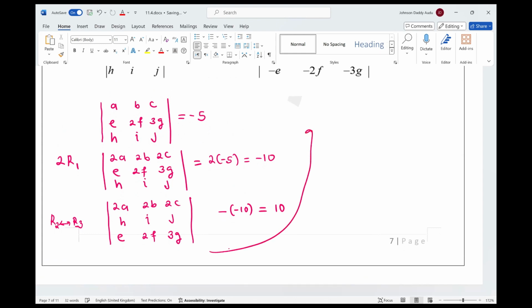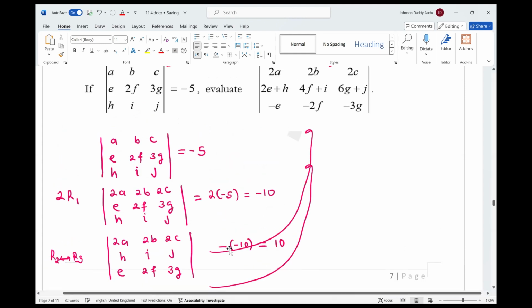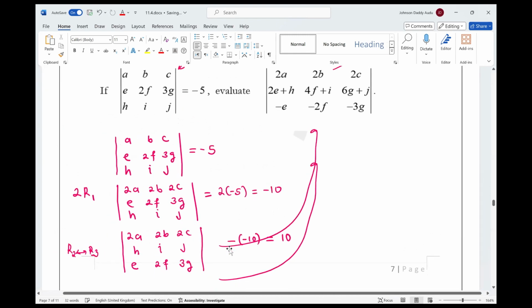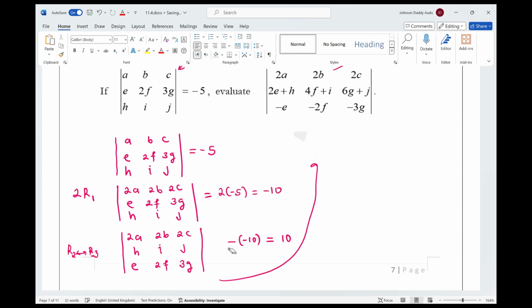Now, remember, look at our target here. We want to get something like this. So now we can apply the row operation. Our target is the second row now. So this one will remain the same, 2A, 2B. We don't want to tamper with it again.